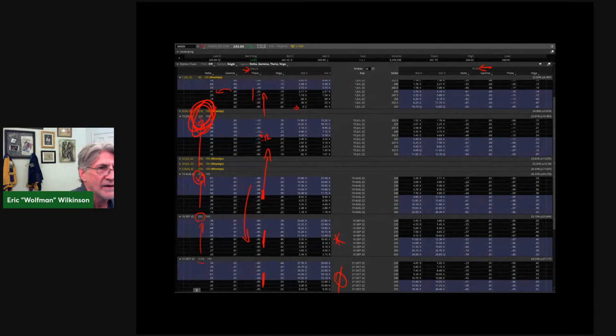And then we can look at, like we said, theta on both sides, negative. Vega is always positive on both sides. And what we're basing this on is this number, right? 22. If it increases by 1 percentage point, it goes from 22 to now 23.01.